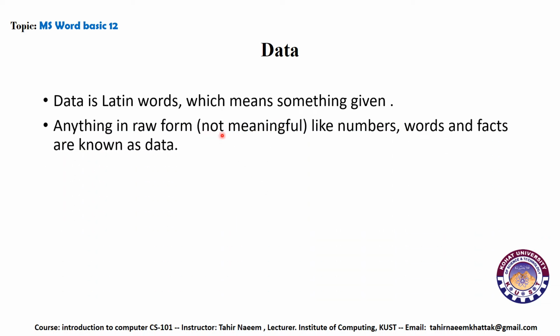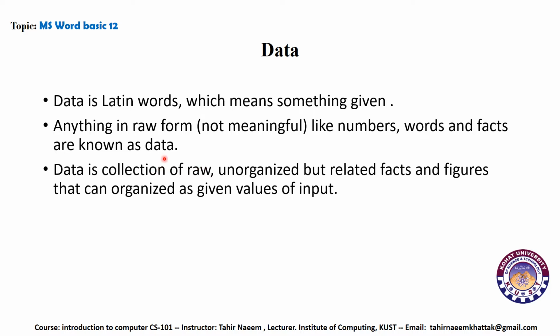Anything in raw form, not meaningful, like numbers, words, and facts, is known as data. Basically, anything in raw or unorganized form, like numbers such as 1, 2, 3, 10, or 56, or different words without any intention of carrying meaning, and facts, are known as data.